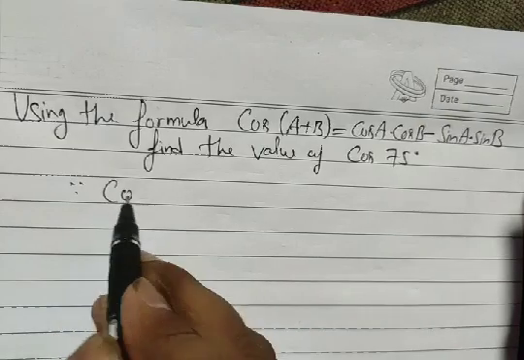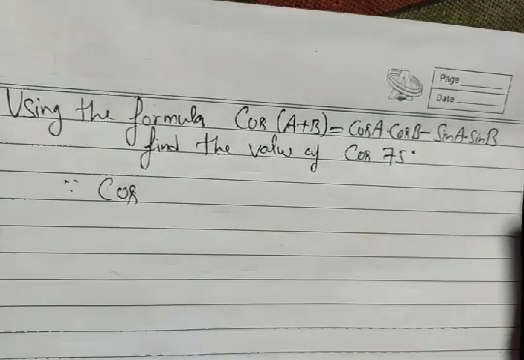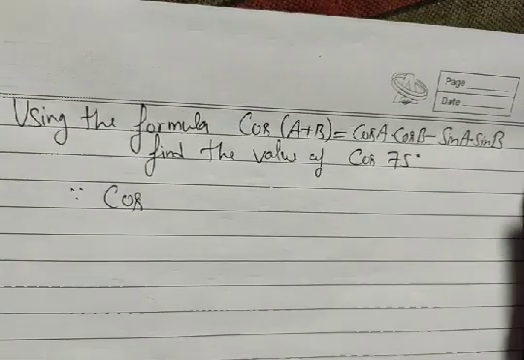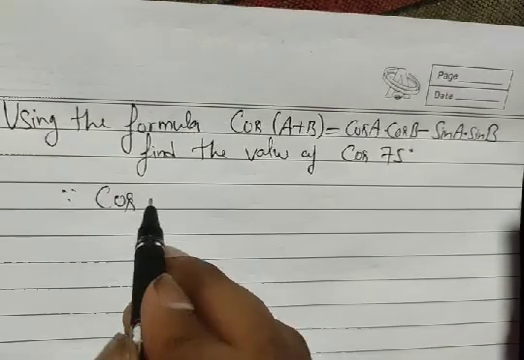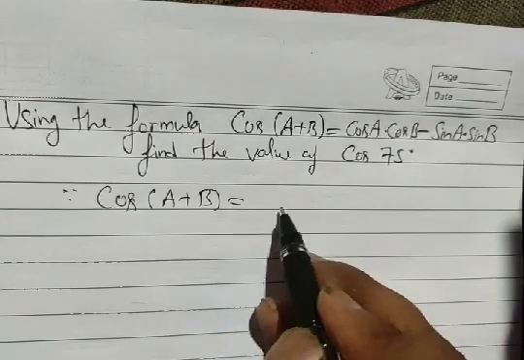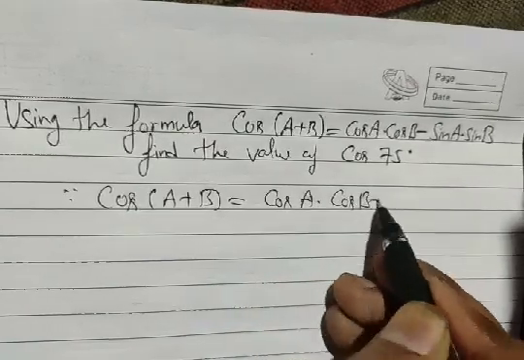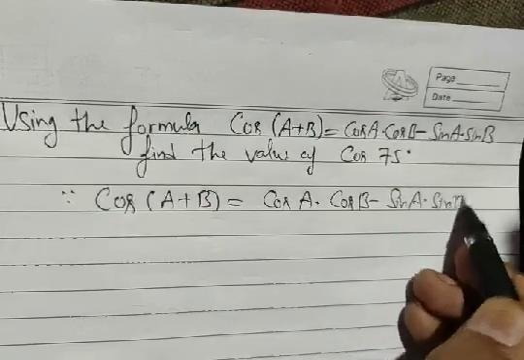So what we have is cos a plus b is equal to cos a into cos b minus sin a into sin b.